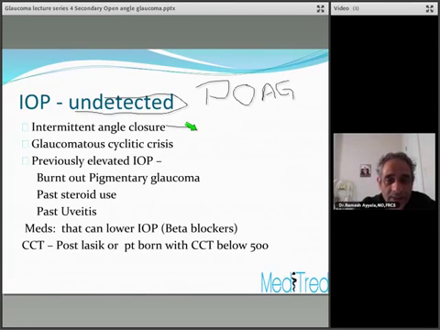This attack may last anywhere from 2 to 6 weeks, and usually responds to temporary measures such as Diamox and topical medications, along with Pred Forte, some steroids. It doesn't respond to steroids as much as a normal uveitic eye would respond, but we still treat these patients with Pred Forte four times a day and anti-glaucoma medications, and usually they do respond and go away.